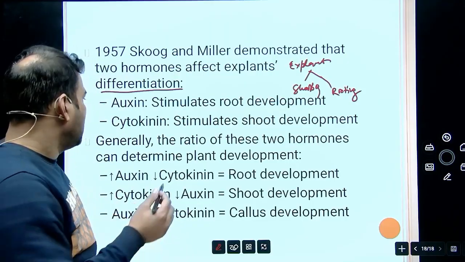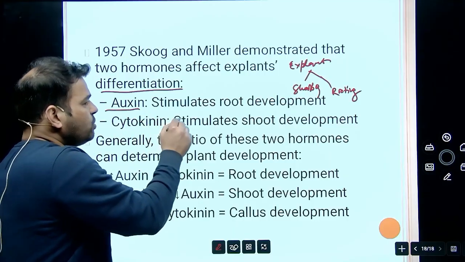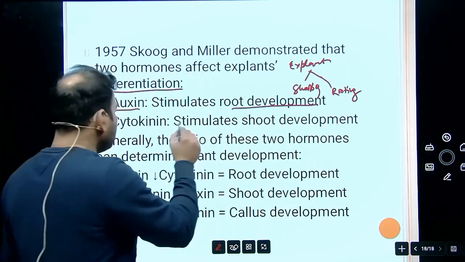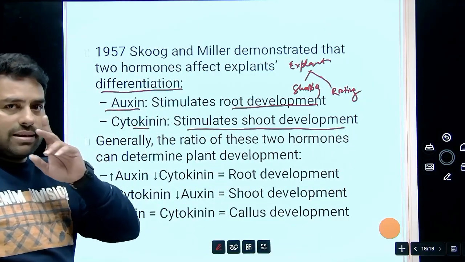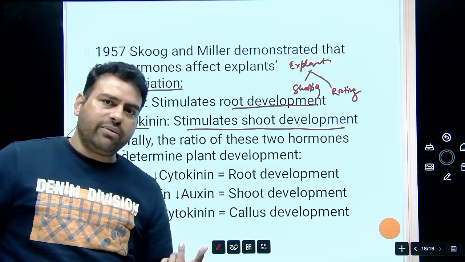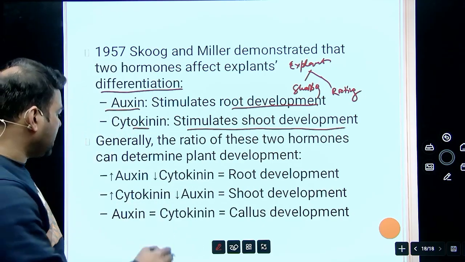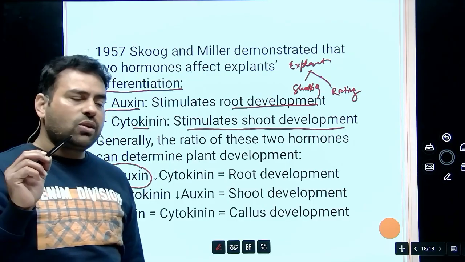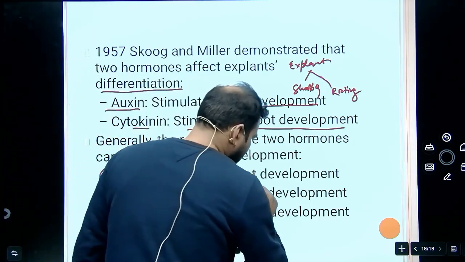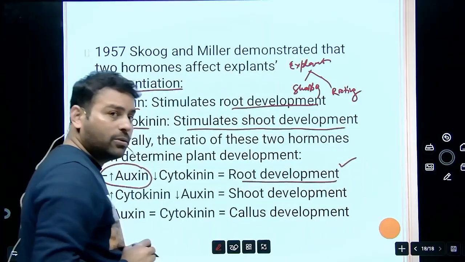For example, auxin stimulates root development, as discussed, and cytokinin stimulates shoot development. If we want rooting first, then we can use a higher concentration of auxin. If we use a higher concentration of auxin, root development will be there first, only roots.